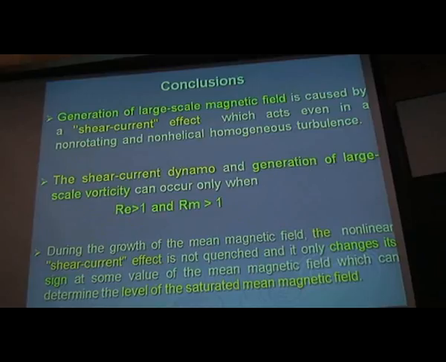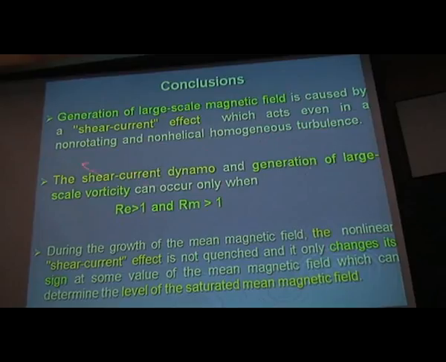Generation of large-scale magnetic field in turbulence with large-scale shear is possible due to the shear-current effect, which is caused mainly by the term vorticity cross B, cross J in the mean electromotive force. And this mechanism can act even in non-rotating and non-helical homogeneous turbulence.